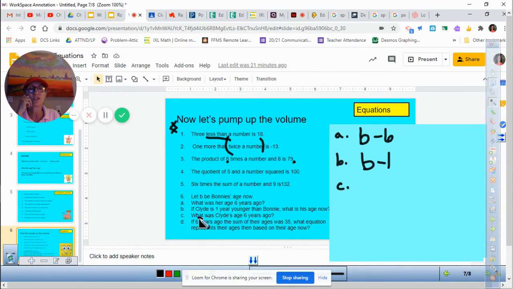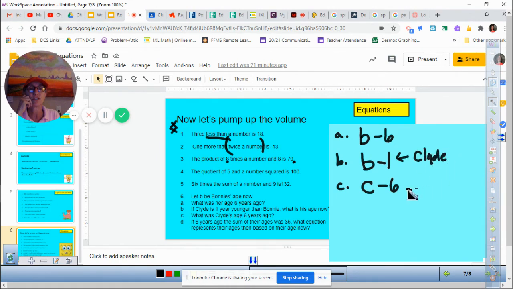See here, what was Clyde's age 6 years ago? Well, if Clyde is age C today, then how old was he 6 years ago? C minus 6. But wait a minute, let's keep all this in terms of Bonnie's age. Now we know that this right here is Clyde.